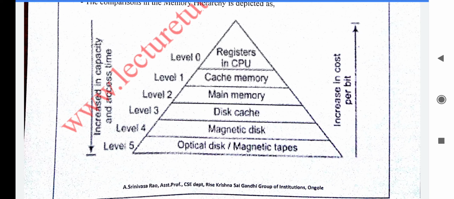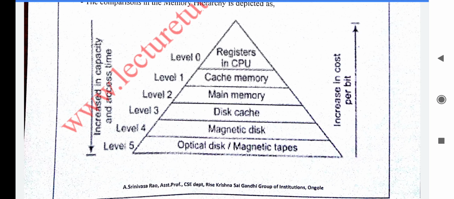First are optical discs and magnetic tapes, which were the first generation; in olden days we used optical discs and magnetic tapes. Then magnetic discs. Then we go for disk cache, then main memory, then cache memory, then registers in the CPU.